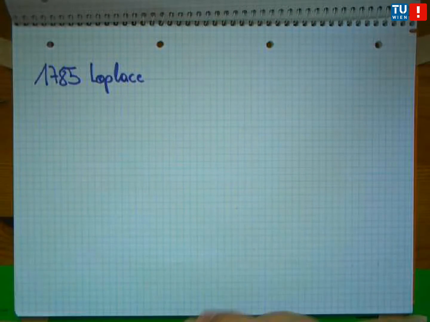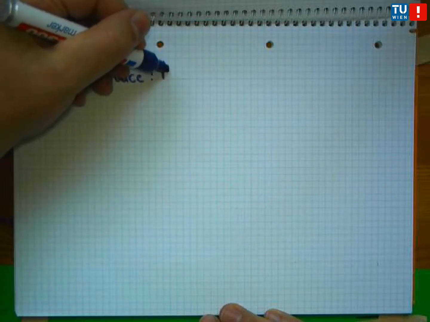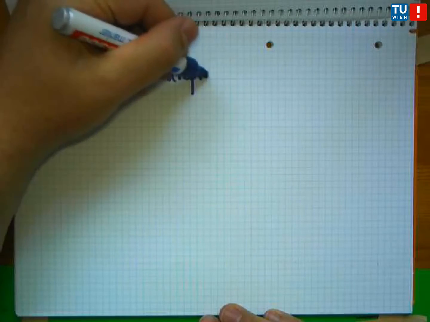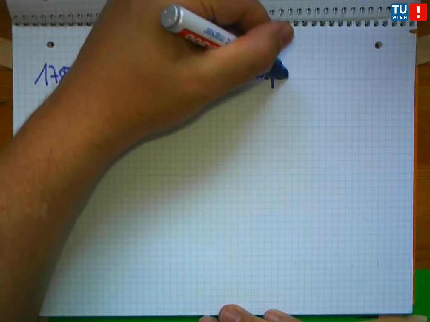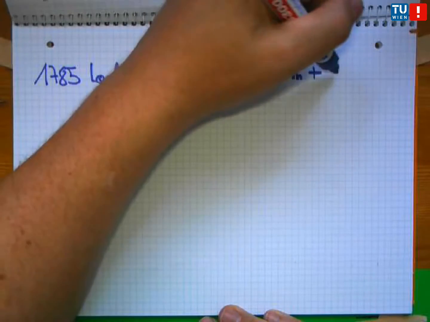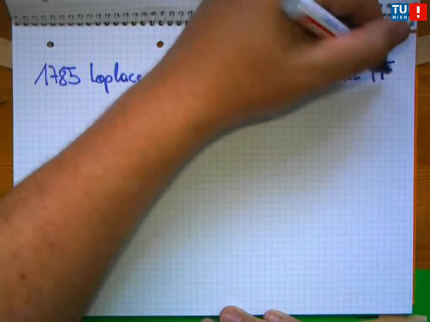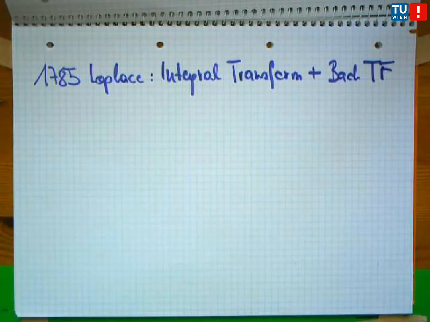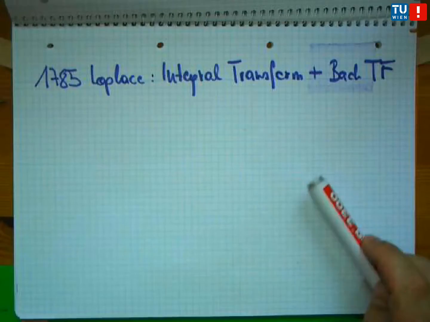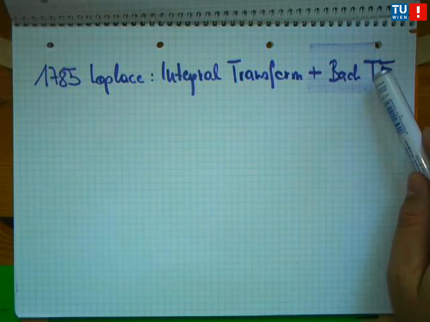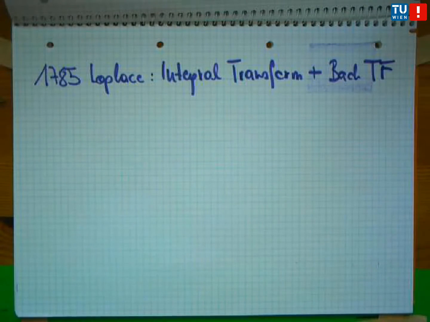So for Laplace, important was to have an integral transformation plus a back transform. That was very important for him. He wanted to go somewhere where computation is simpler and be able to get back and have the guarantee that all the computations are still correct.